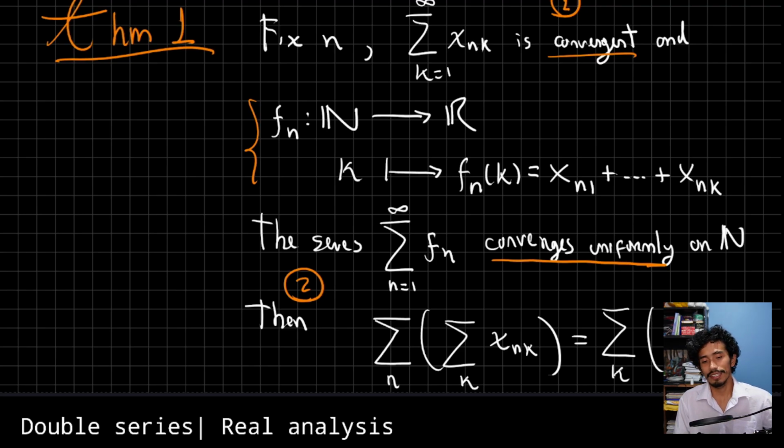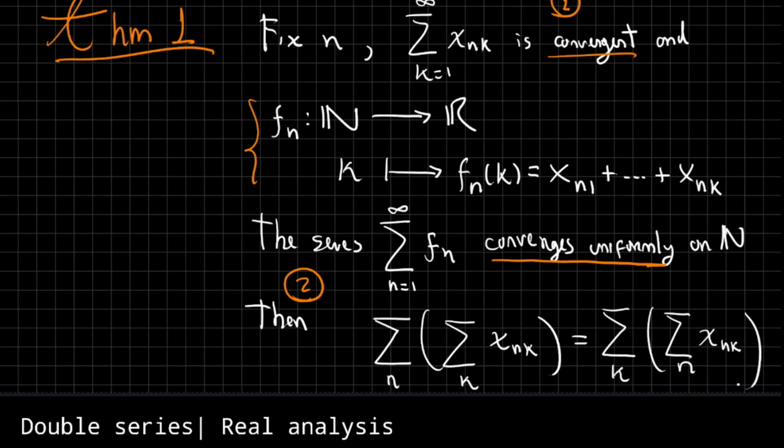All right, so that happens, and I will not give the full proof of this here, but I will tell you that this is a property of sequences of functions.